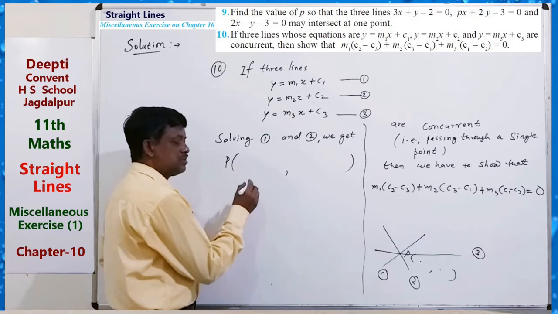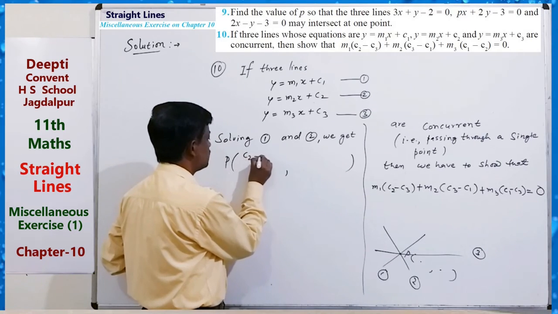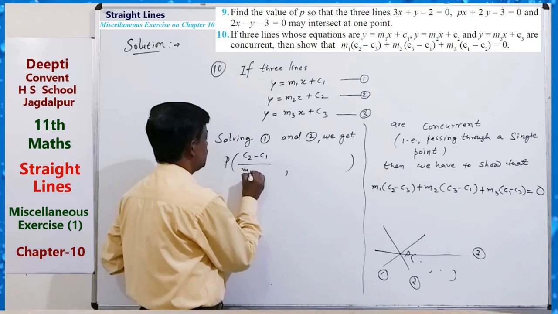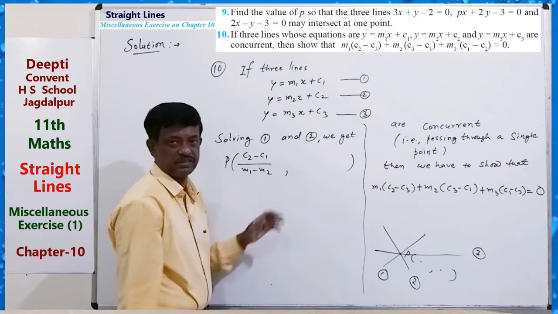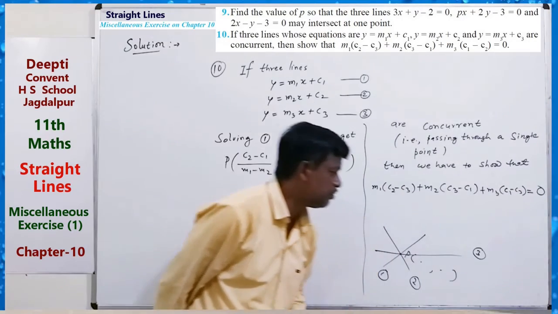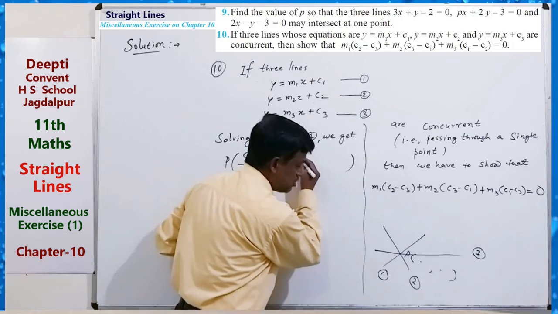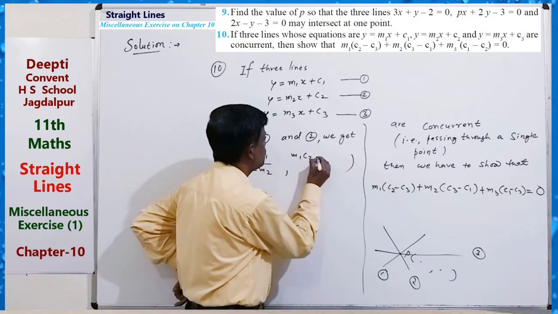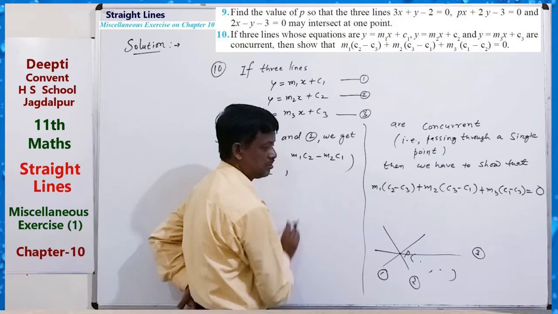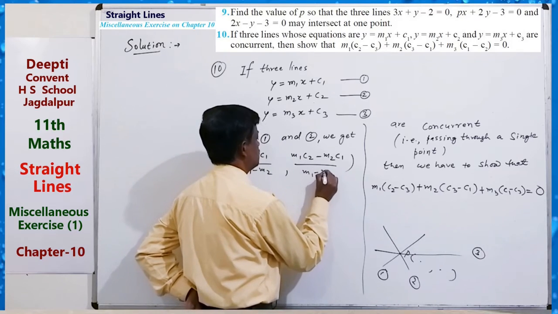So x is c2 minus c1 by m1 minus m2. The value of x, c2 minus c1 by m1 minus m2, and the value of y is m1 c2 minus m2 c1 upon m1 minus m2.